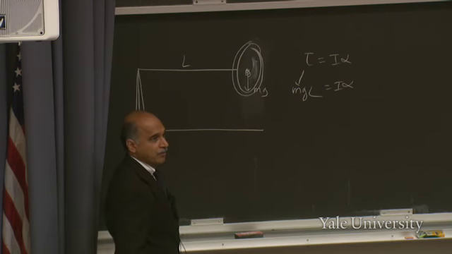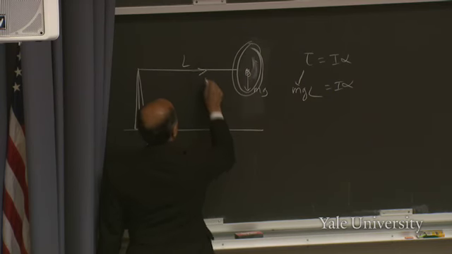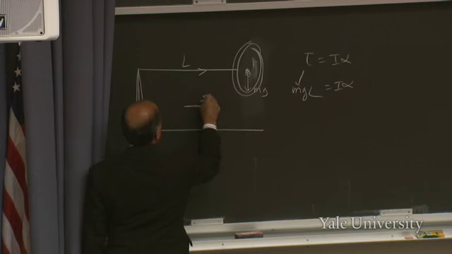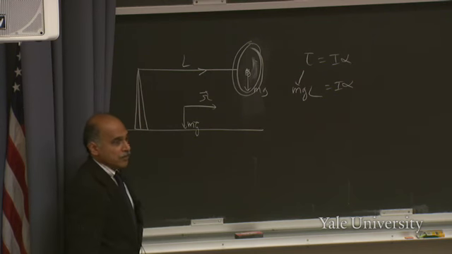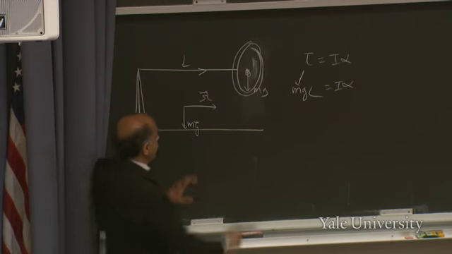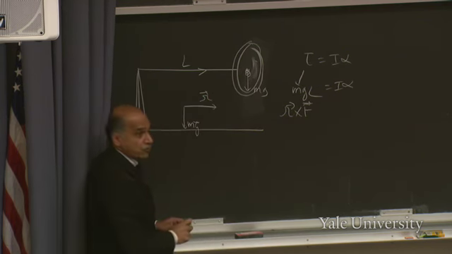I want you guys to think about that. Here is R. The vector R looks like this, right? Horizontal. The vector mg looks like this, treated as a vector. So R cross F, which is really not mgL, but R cross F is the general formula which reduces to mgL. Now do the screwdriver rule.